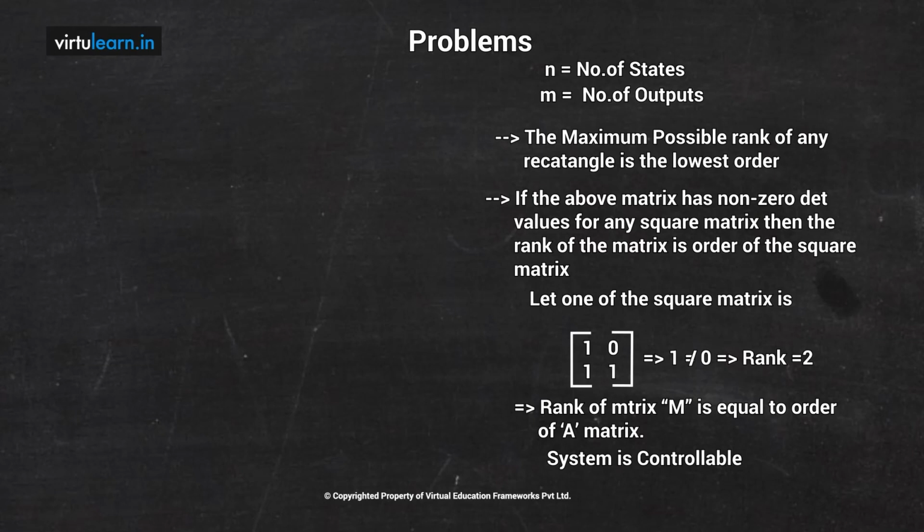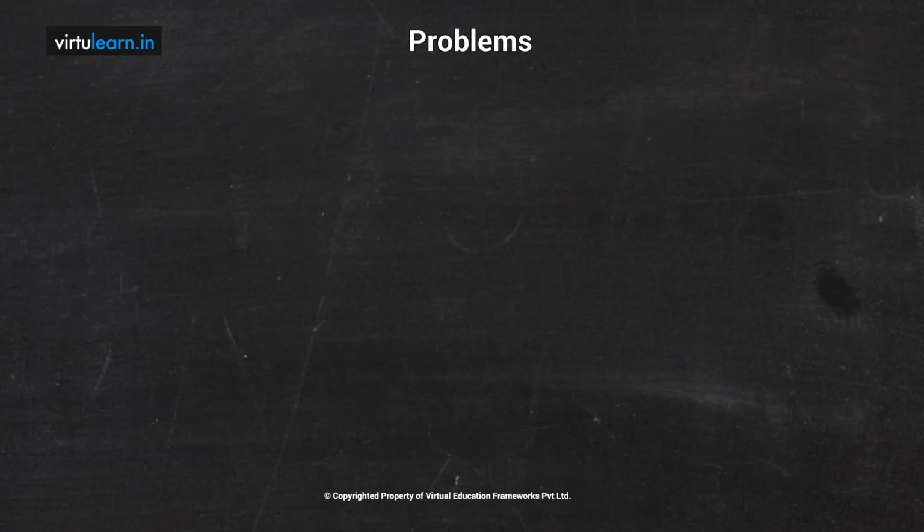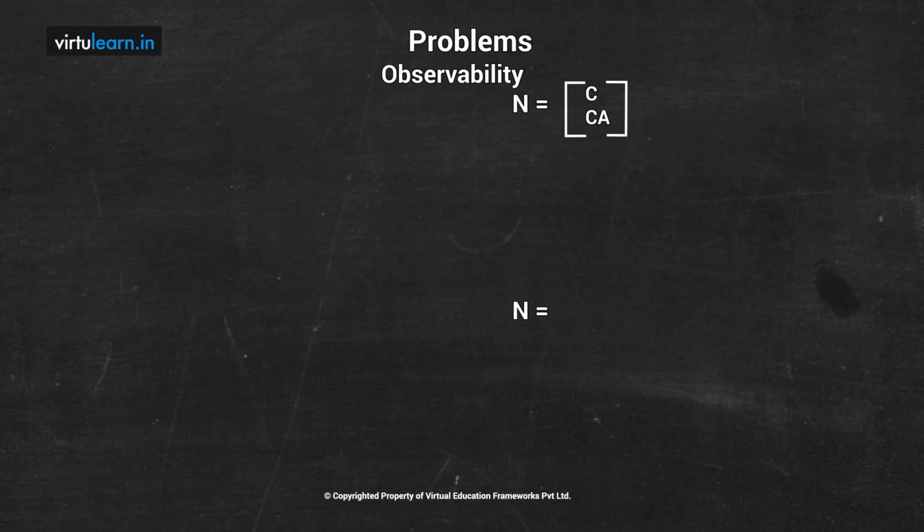The order we know, then we can find out the rank. If they are equal, then we can easily say that particular system is controllable, and otherwise it is uncontrollable. So you can find out the M matrix, which results in the rank being 2, which means my system is completely controllable.